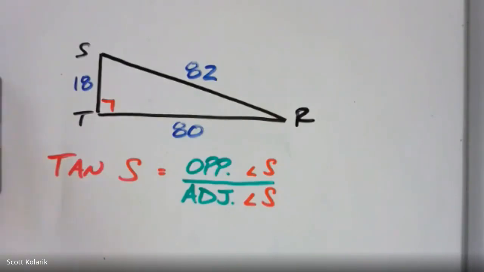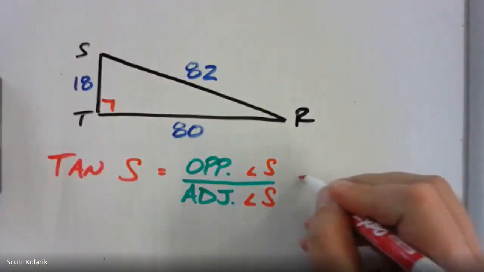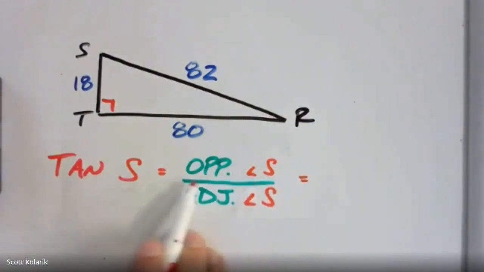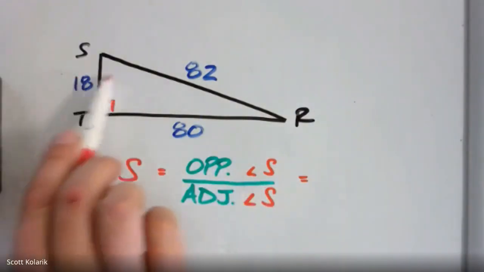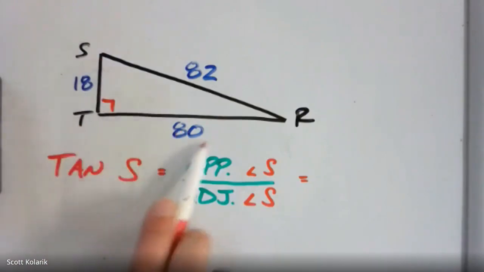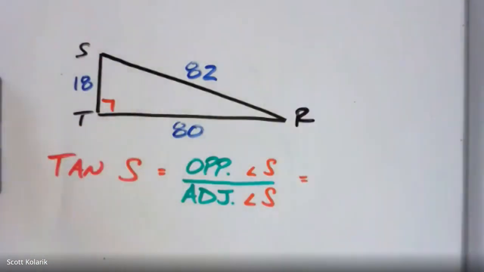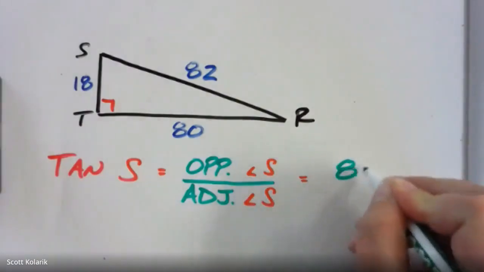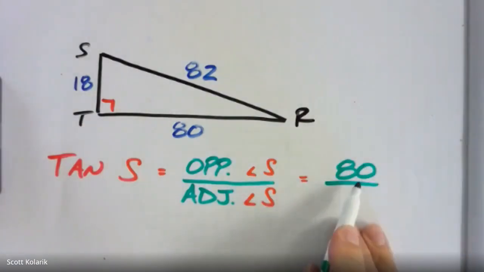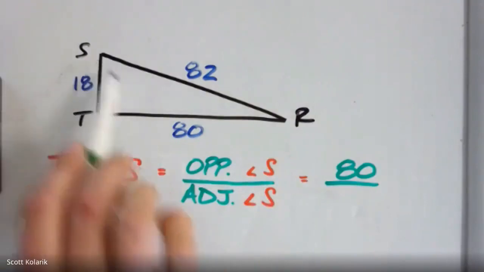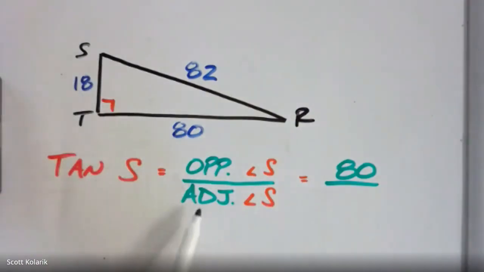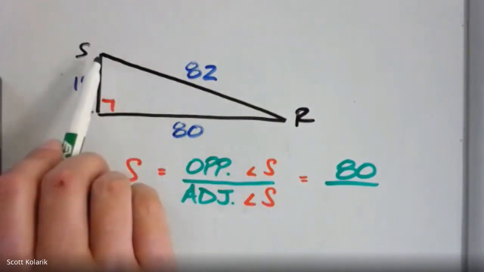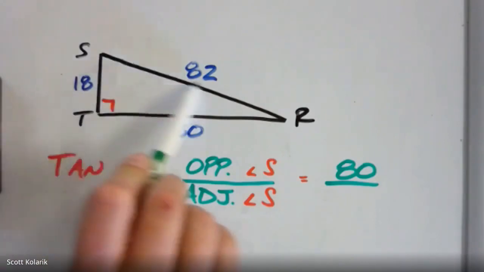For this, it's just basically looking at what I got. So in this diagram, what side length is opposite angle S? Well, there's angle S. Opposite would be this 80. So 80 degrees, or sorry, not 80 degrees, 80 units. It's a length, okay? 80 units long is what's opposite the angle S. That's going to be put over whatever's adjacent or next to angle S. Again, I wouldn't choose this 82.